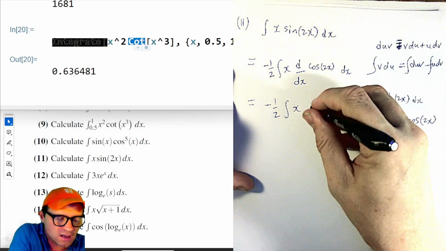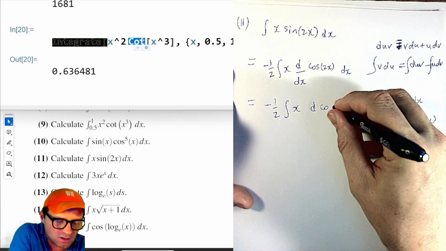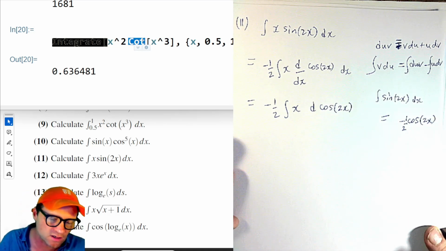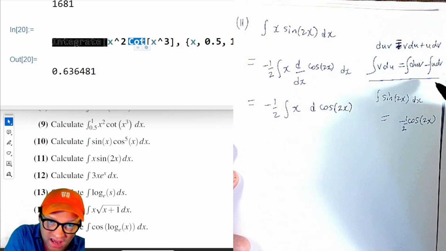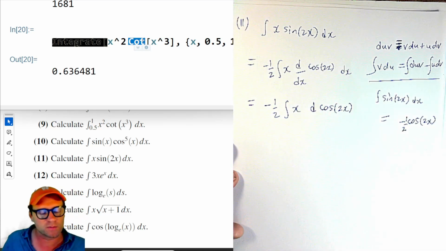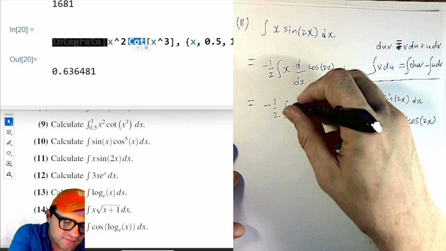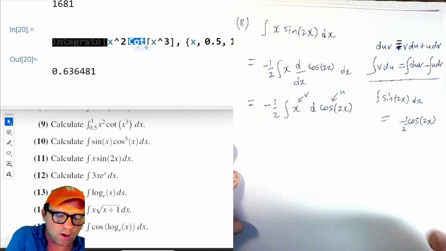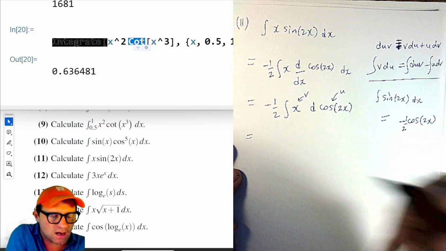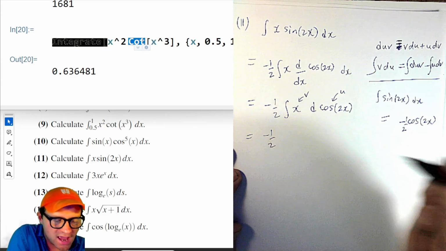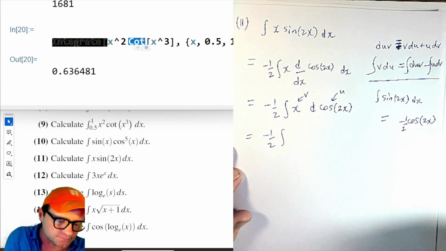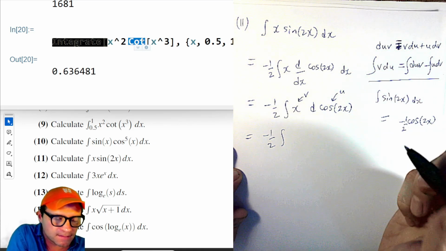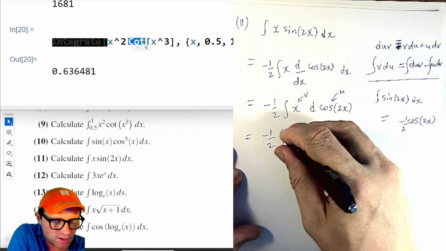All right, so now what we see via substitution is we have minus 1/2 the integral of x with respect to cos of 2x. Okay, and so we now want to associate it with the integration by parts formula. So this is going to be our v, and this in here is going to be our u. So we can now rewrite this as minus 1/2 integral of, okay, how do I want to write this?